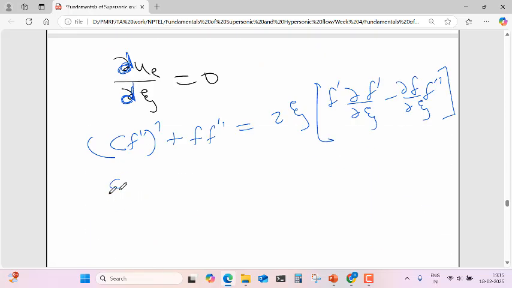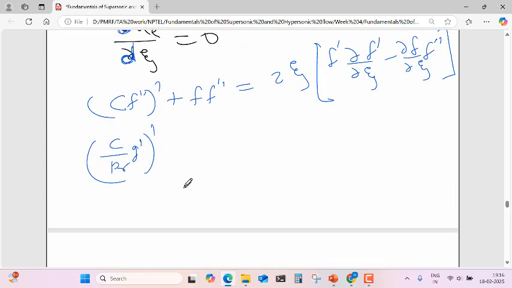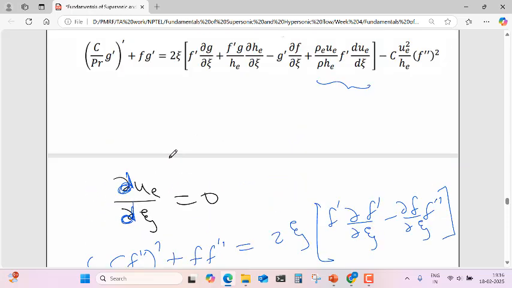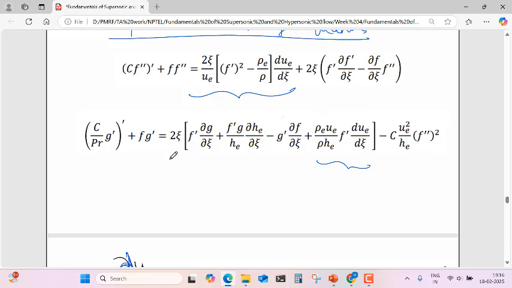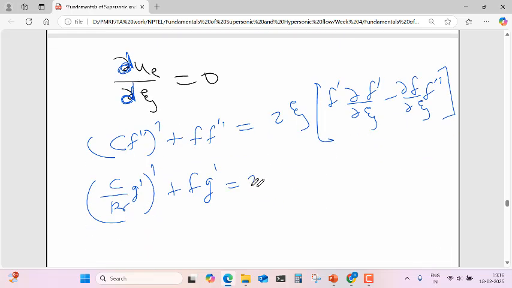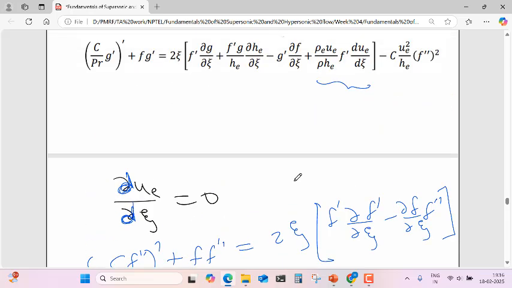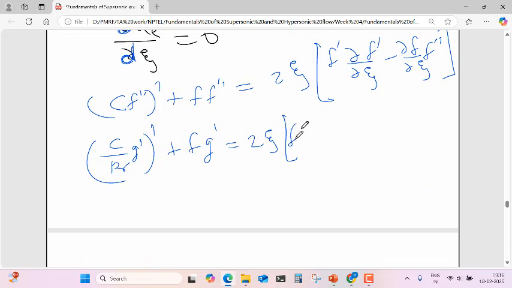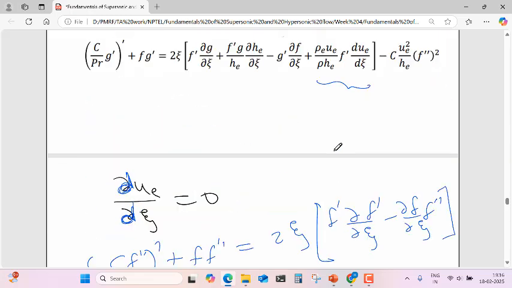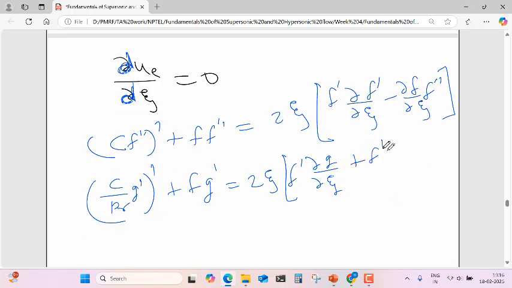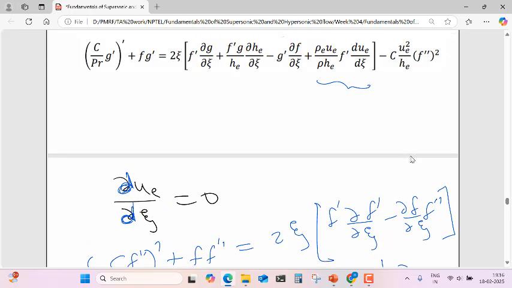and the energy equation is (C/Pr g')' plus f g' equal to 2 xi [f' ∂g/∂xi plus f' g/Hg ∂Hg/∂xi].